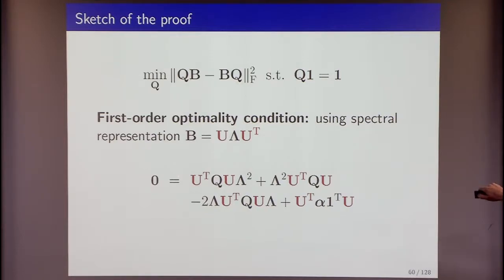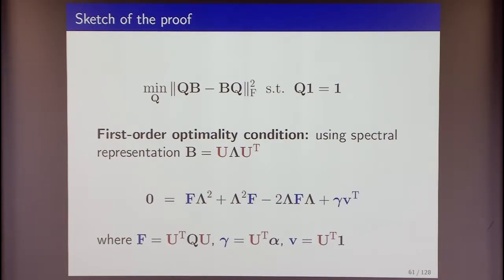So I will again be using a different set of variables. I will now be expressing my unknown in the eigenbasis of the adjacency matrix. So I will call this matrix F, okay? And gamma will be the set of Lagrange multipliers in the eigenbasis of the adjacency, and V will be the projection of the vector of ones on U, okay?